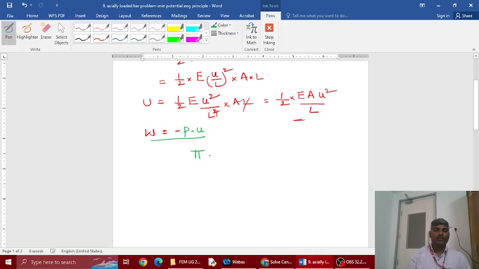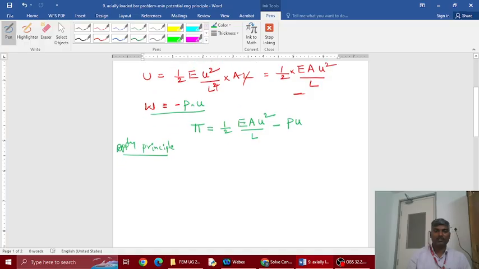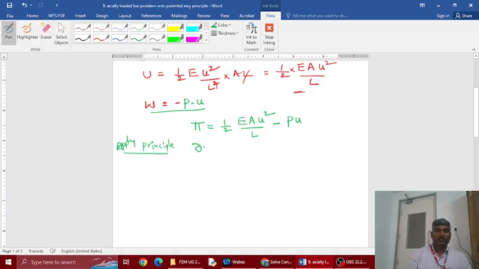So pi is equal to the strain energy, half into E A U square by L, minus work done, P into U. Now apply the principle. What the minimum potential energy principle says is that dou pi by dou U shall be equal to 0.